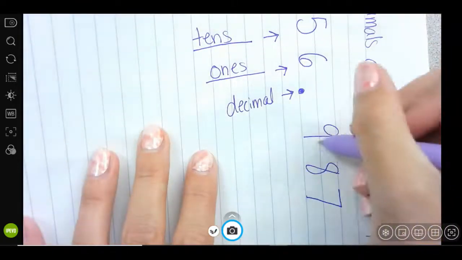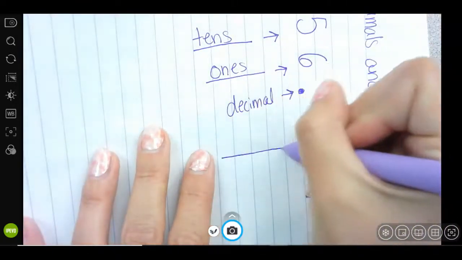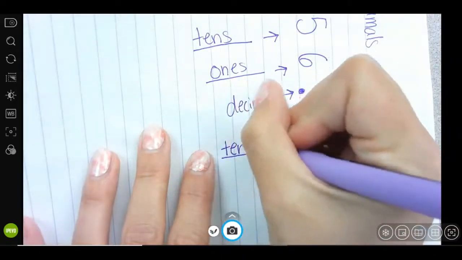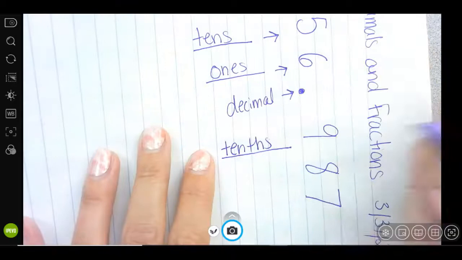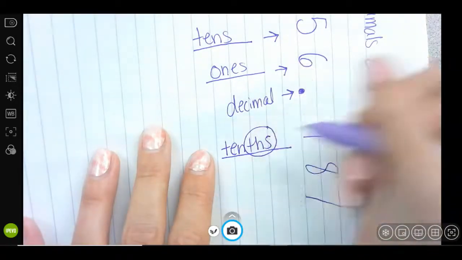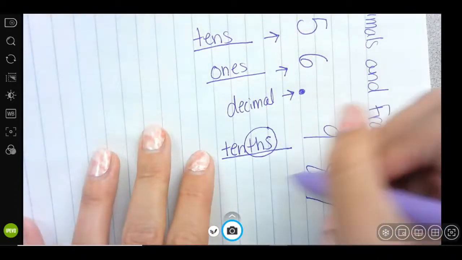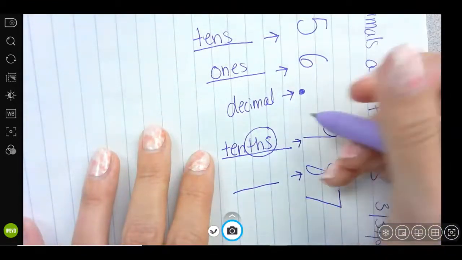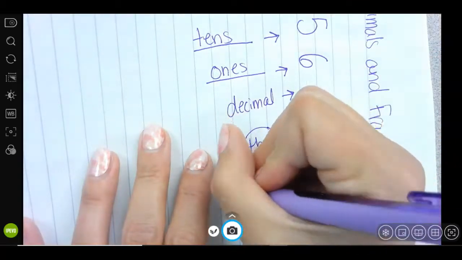The 9 is in the tenths. See how it's spelled different? Tenths. The 8 is in the hundredths.